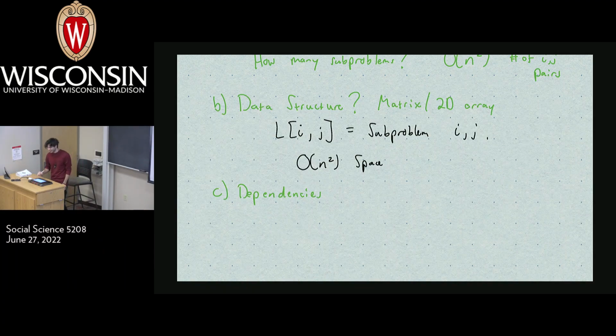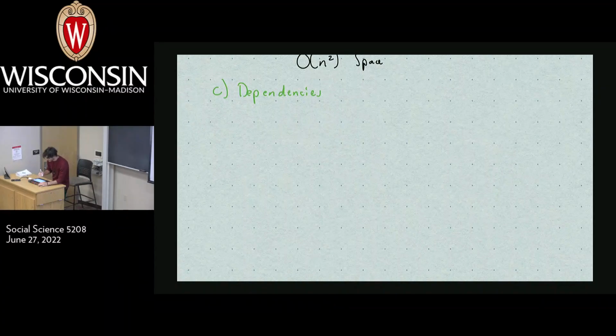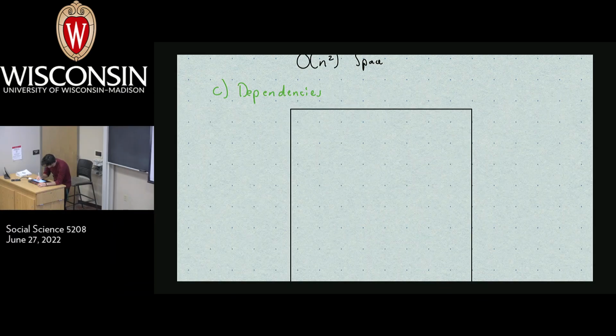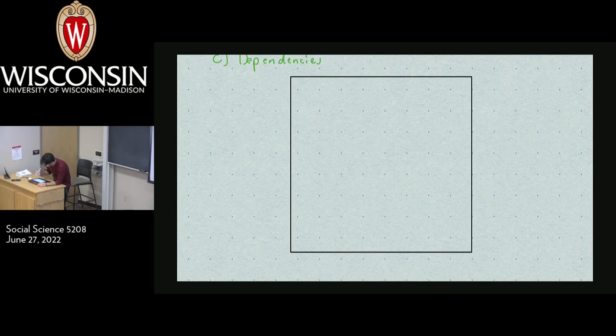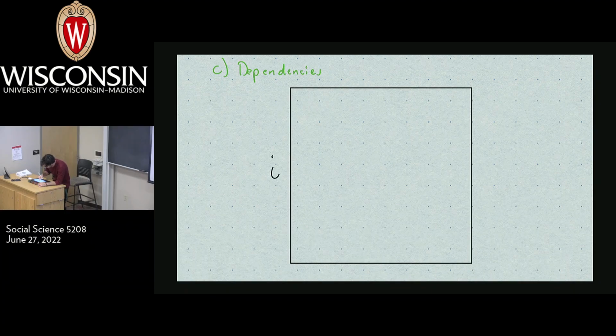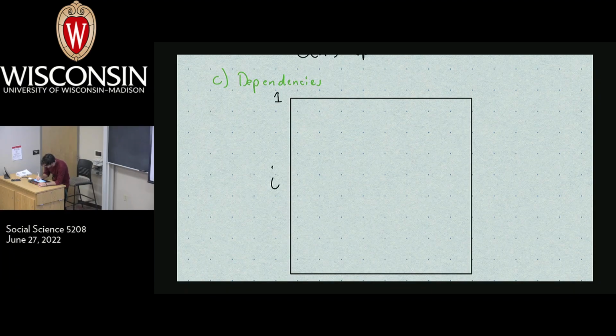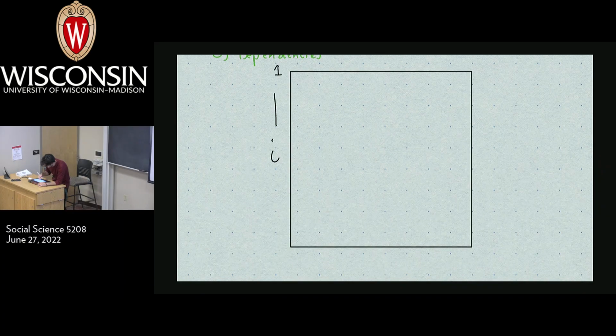So this is exactly what I want you guys to do on the homework. You're going to draw your data structure. Okay, so we have i goes from 1 to n plus 1.